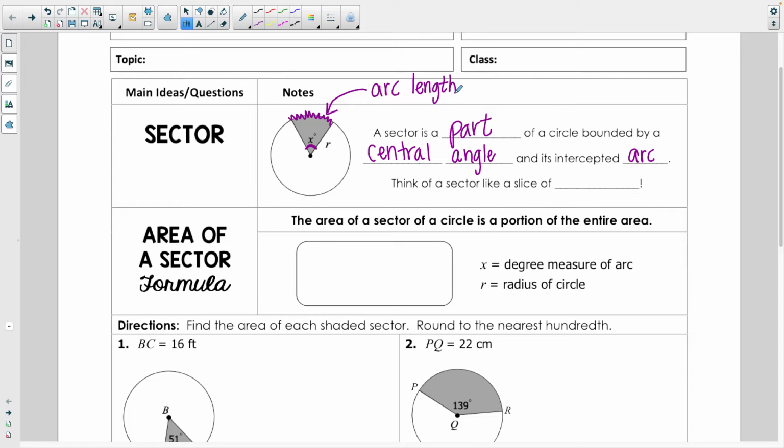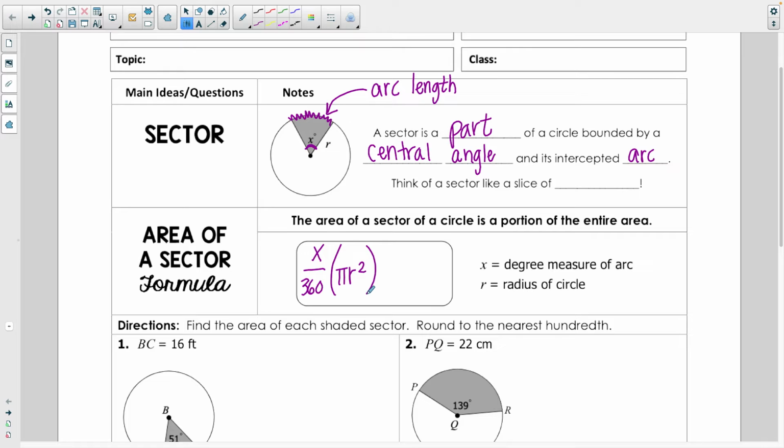To find the area of the sector, I'm going to do x, which is the angle measure, over 360 times pi r squared, which is the formula for area. That's for the shaded part.